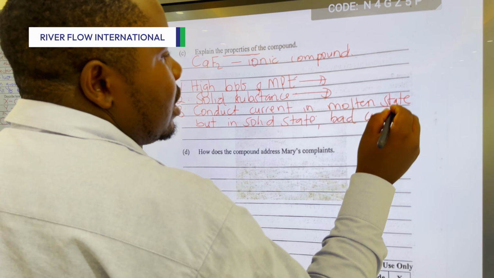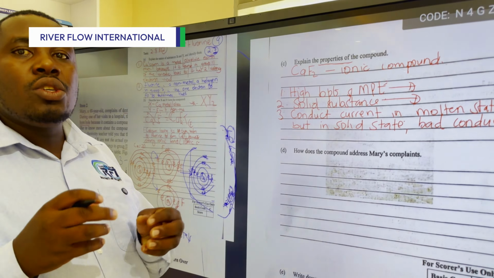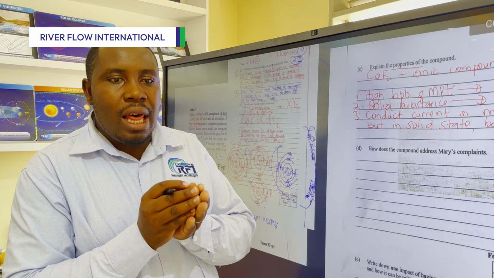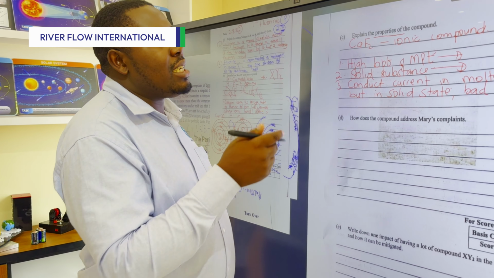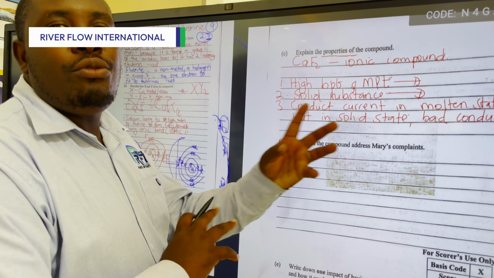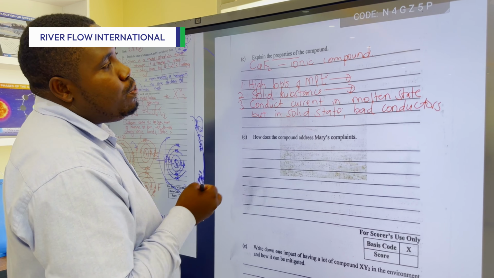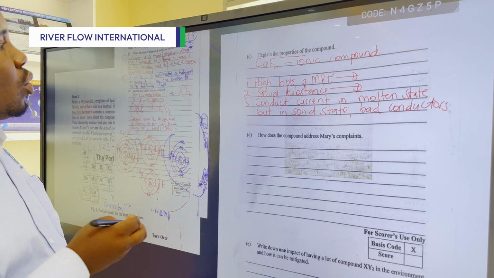So in solid state they cannot conduct, and this one is very simple because in solid state the particles are close together and they are locked together. But if they are put in molten state, now the ions are free to move and conduct from one place to another.